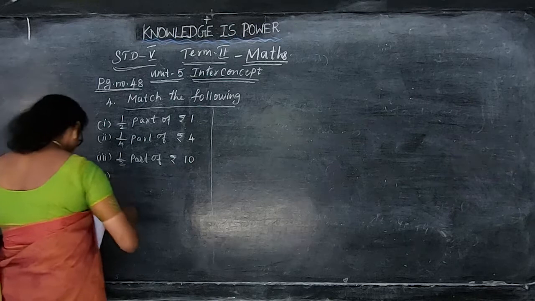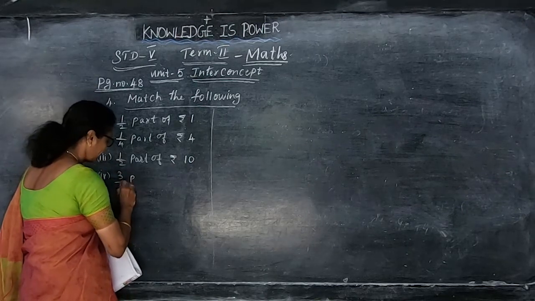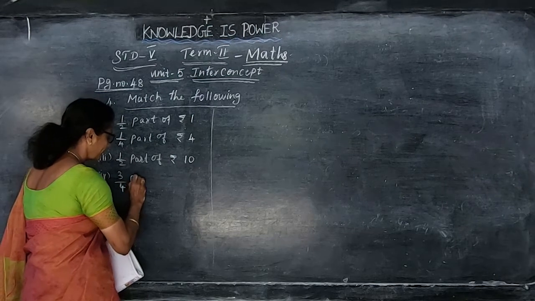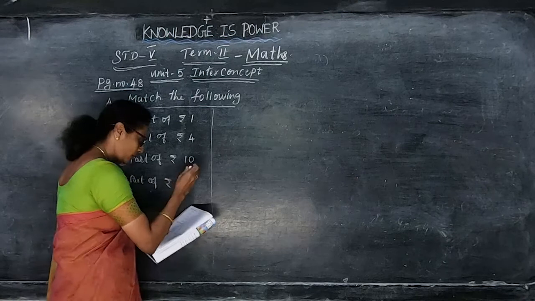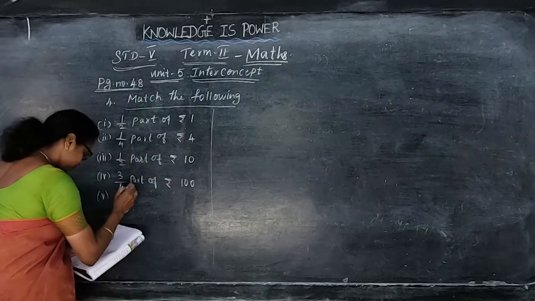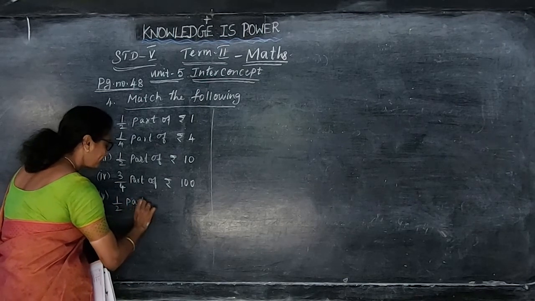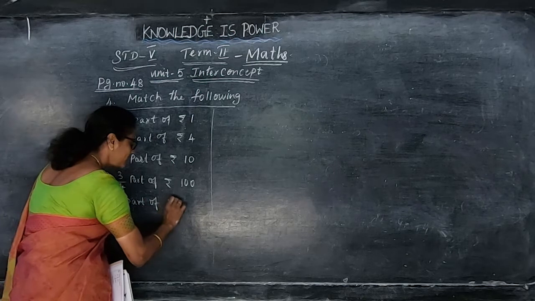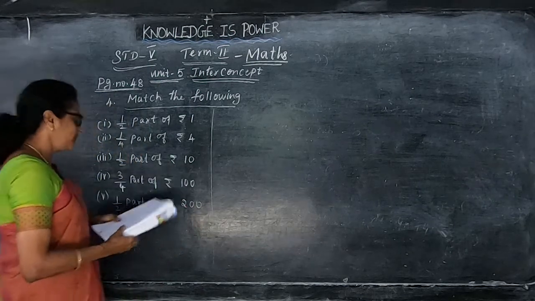Then fourth one, 3 by 4 part of rupees 100. Fifth one, 1 by 2 part of rupees 200. Okay, now we have to find out the answer.